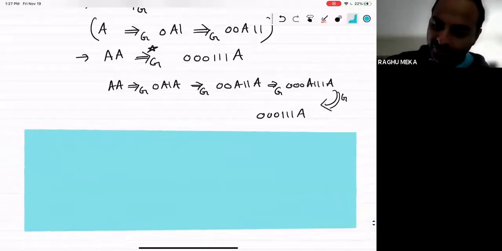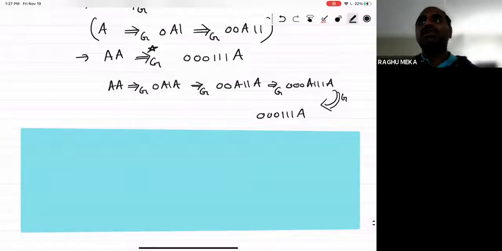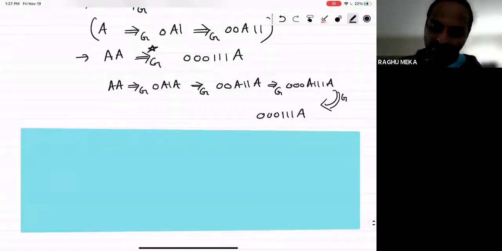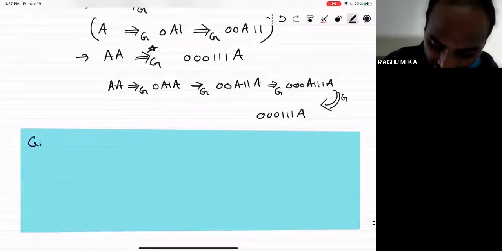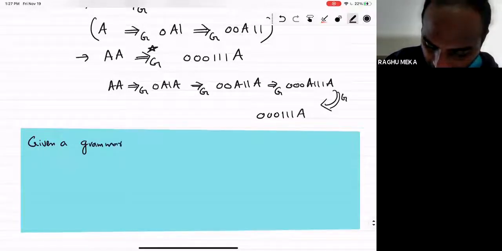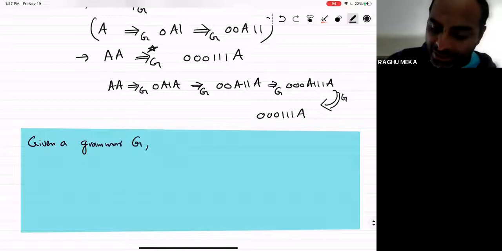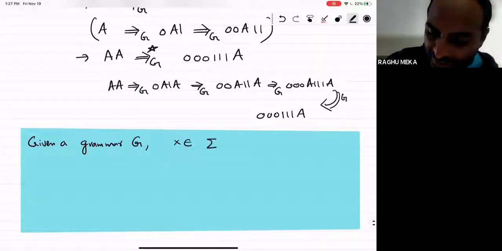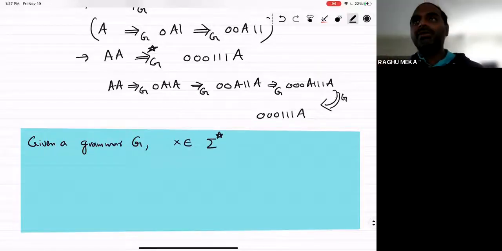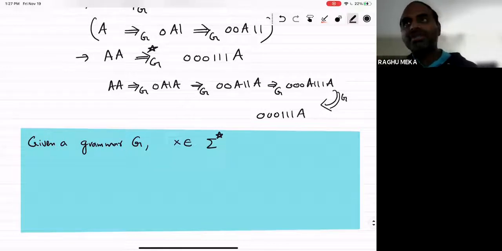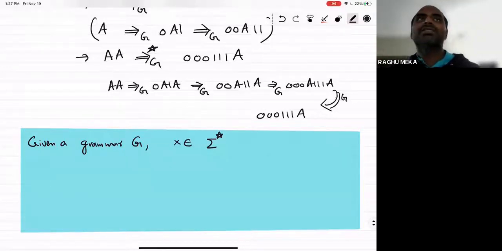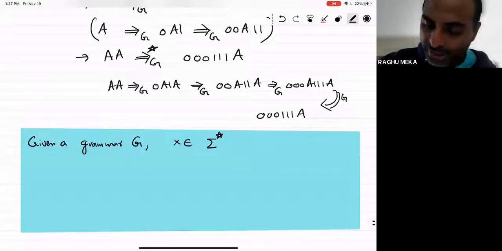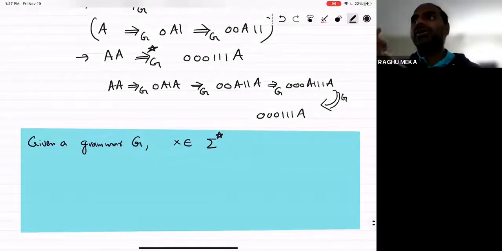We have some set of rules and we can use it to define a computational model. So given a grammar G and a string X defined over sigma star, you can think of sigma just as being 0, 1, so then it's just binary strings, but I wanted to be a bit more general for context-free grammars because it's somewhat useful here.